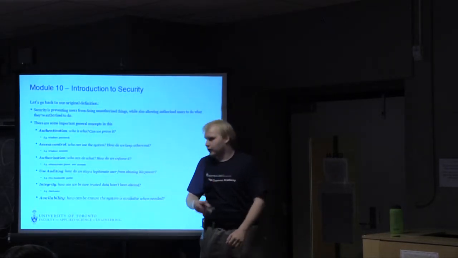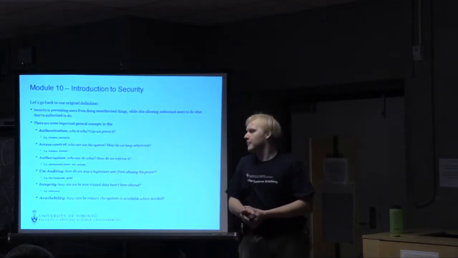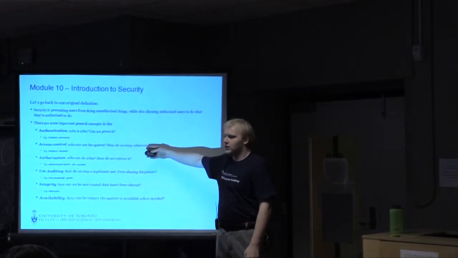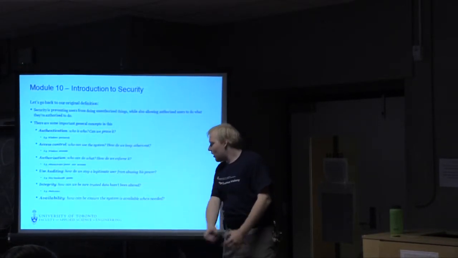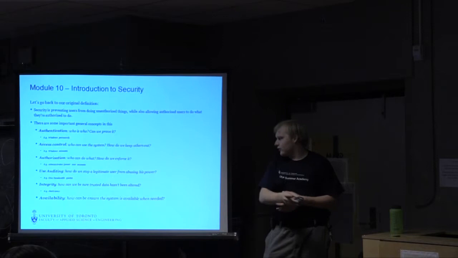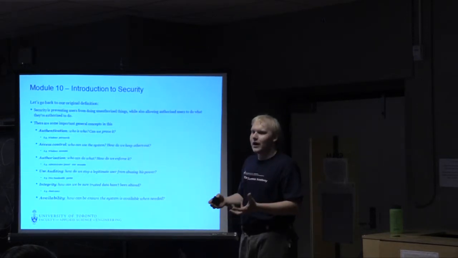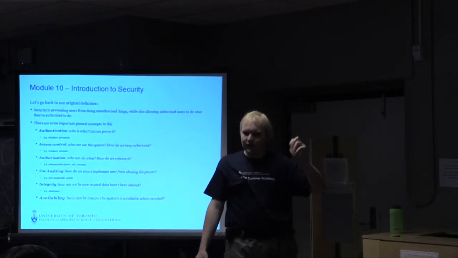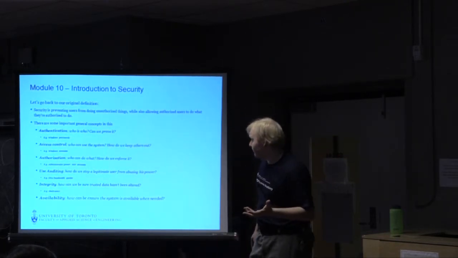Then there's access control, determining who can use the system. Once we've determined who is actually who, does that person have permission to access the system? Authorization is what that person can do once he's inside the system. You know how Windows has admin accounts and normal accounts? That's an example of authorization levels.